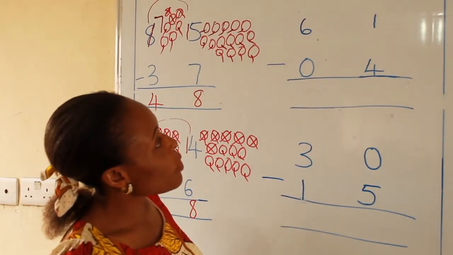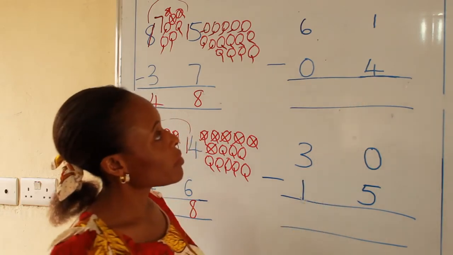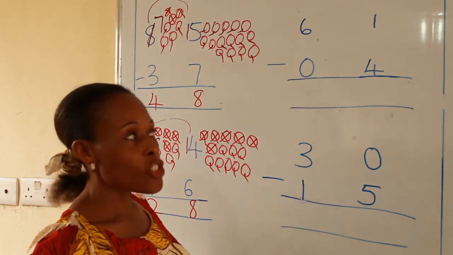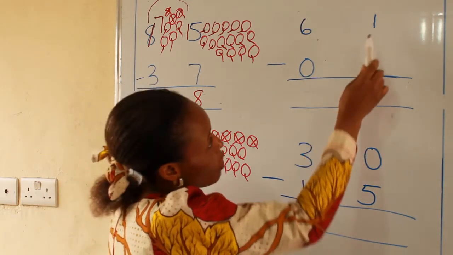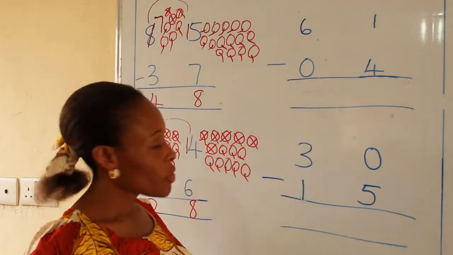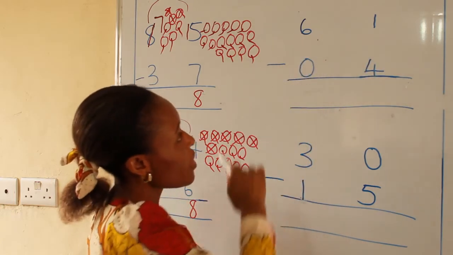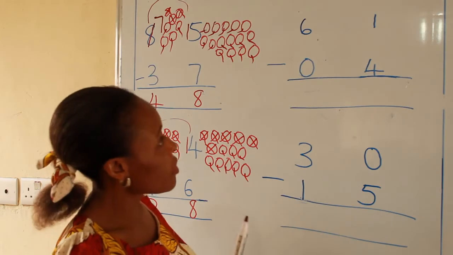The next example we have here is 1 and 4. So don't forget, it is dynamic subtraction. Because we cannot subtract 4 from number 1. Or children, can we subtract number 4 from number 1? No, please. So, number 1 will still move over to number 6 and borrow 1 number.